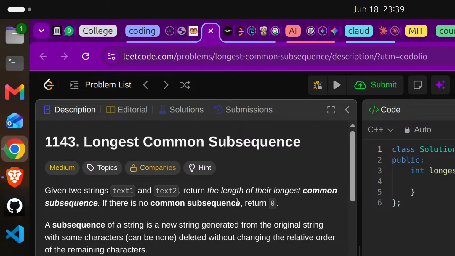Okay. TLE is there. Okay, so this was this solution.